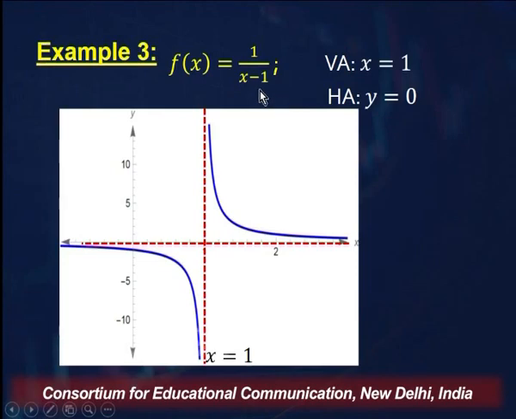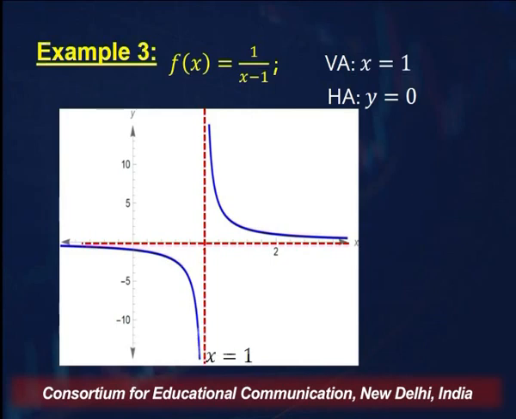Because it's x minus 1 in the denominator, as x approaches 1 from the right, this function will shoot off to plus infinity, okay? And as x approaches 1 from the left, because we'll get negative values in the denominator, the function will decrease without bound. It will shoot off to minus infinity. But regardless, the point is that the vertical asymptote here is x equal to 1.